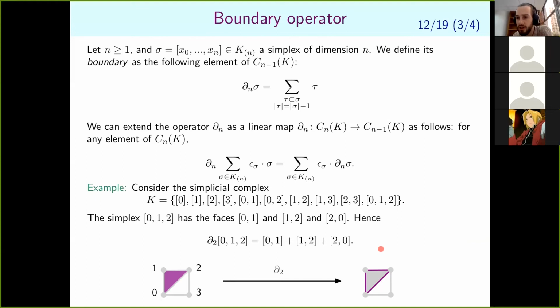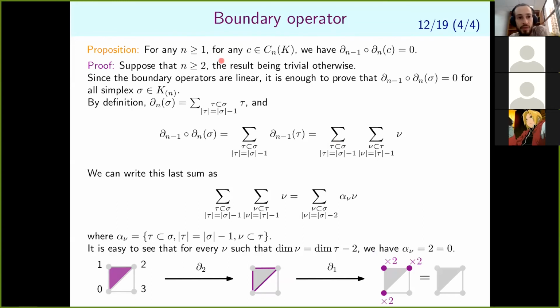So this is the boundary operator, or I should say the boundary operators, because we have many boundary operators, one per dimension. Okay. And these operators satisfy very interesting statements. Take any chain of dimension n. If you consider the boundary of the chain, and then you consider the boundary of the boundary, then this is equal to 0.